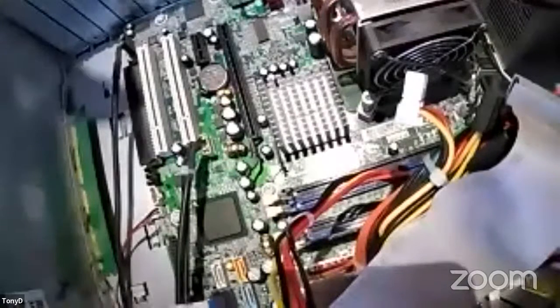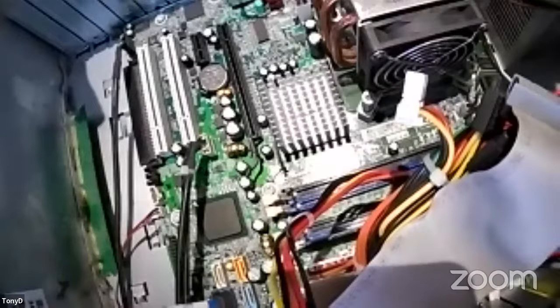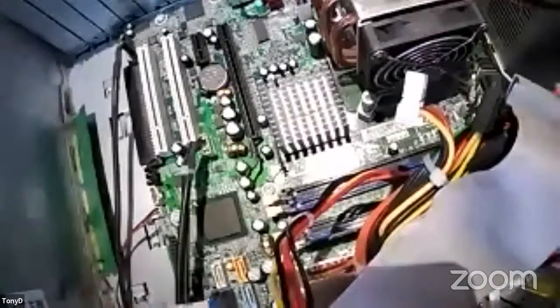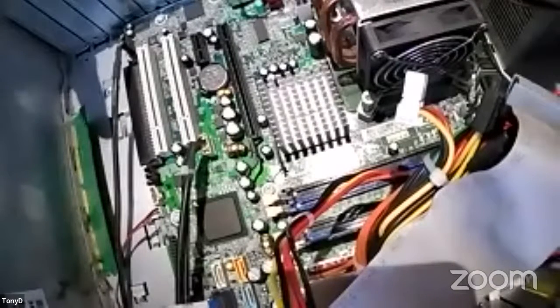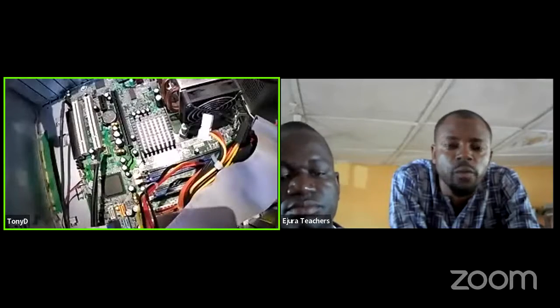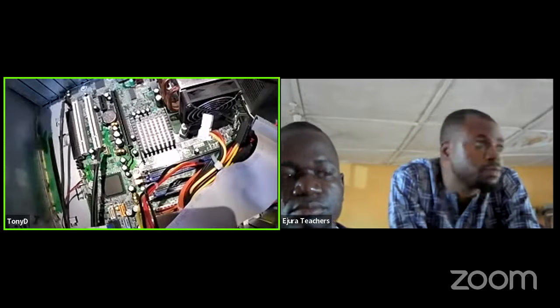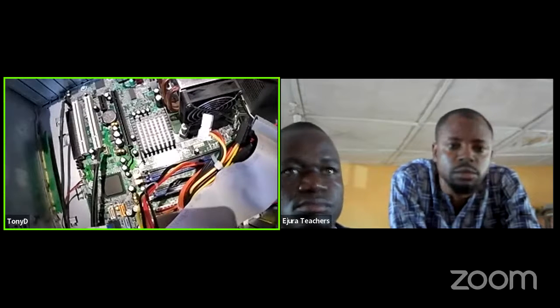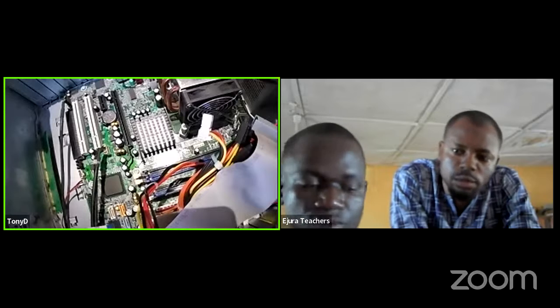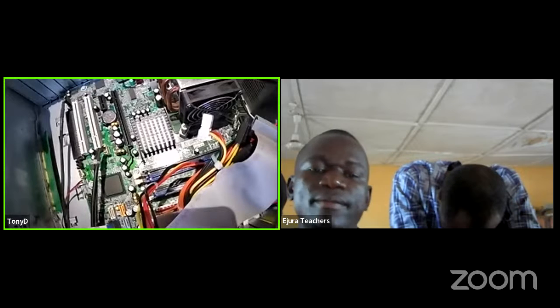Output. Why? It displays the instructions. So the keyboard types input into the system unit, then the monitor displays the instruction that is there.